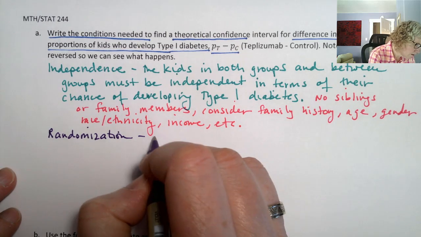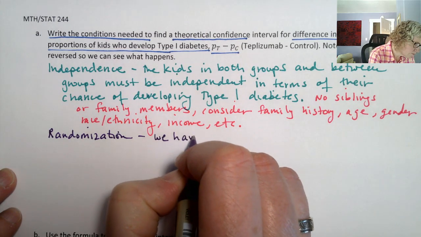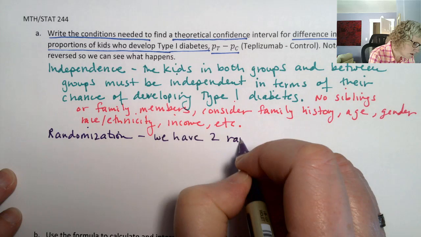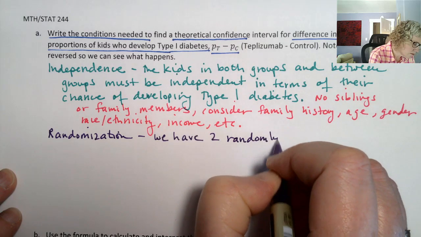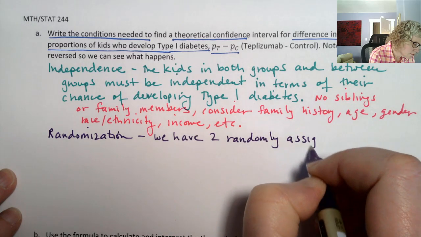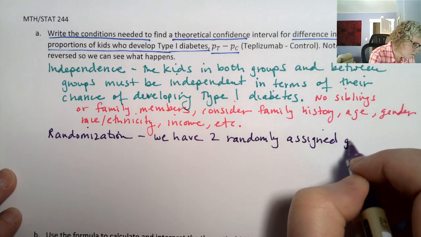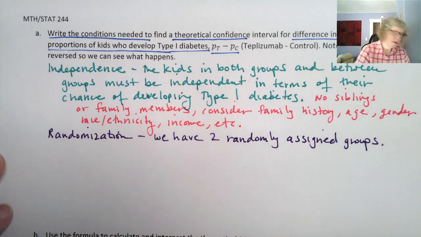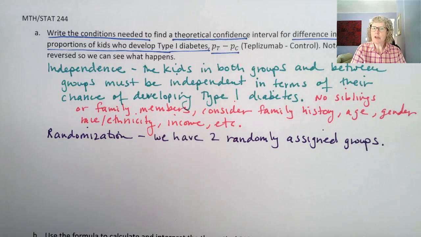So we have two randomly assigned groups. A lot of these are experiments, like two different groups, not before and after, because those would be the same subjects. So comparing two different treatments, we need those to be randomly assigned.